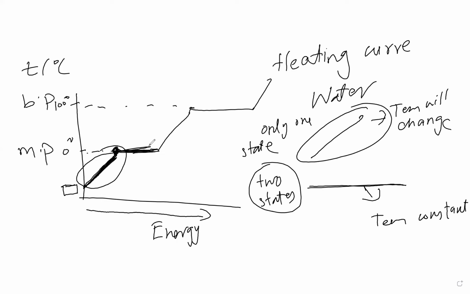At this point, the energy is being used to convert the solid to liquid. So we have a mixture of solid and liquid here, and now as we go up from 0 to 100, the temperature increases and there's only one state. Here the state is the liquid only.